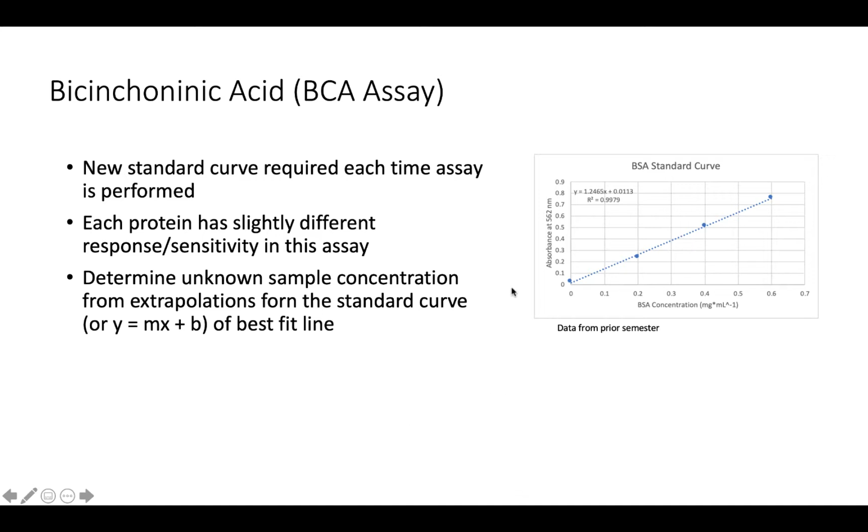After you have your standard curve, you'll measure the absorbance of all of your samples. You'll use the trend line information to take your absorbance from your sample to determine the protein concentration of that sample. We'll be using the best fit line for the measurement.